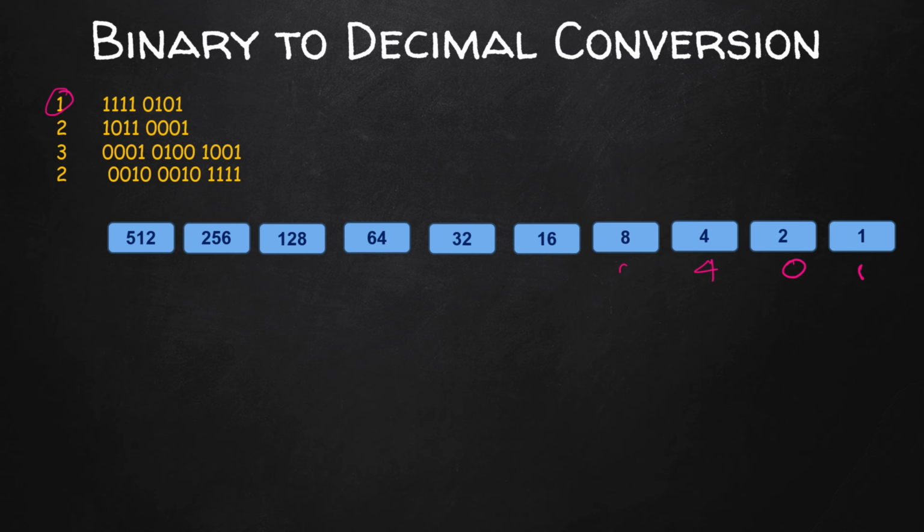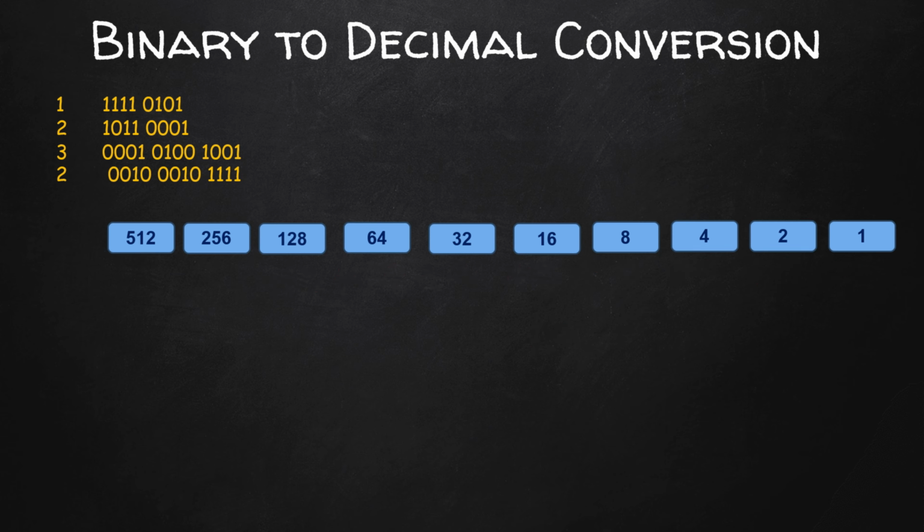Fourth one is 0, so it should be 0. Then the remaining 4 are 1, so this should be taken, this should be taken, and this should be taken. When we calculate all these values together, we get the decimal equivalent. Our final value is 245. So this is the decimal equivalent of our first question.